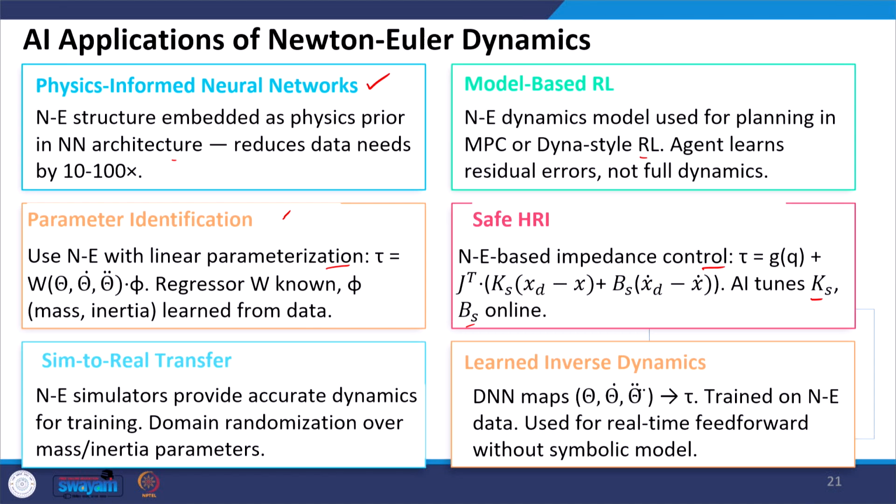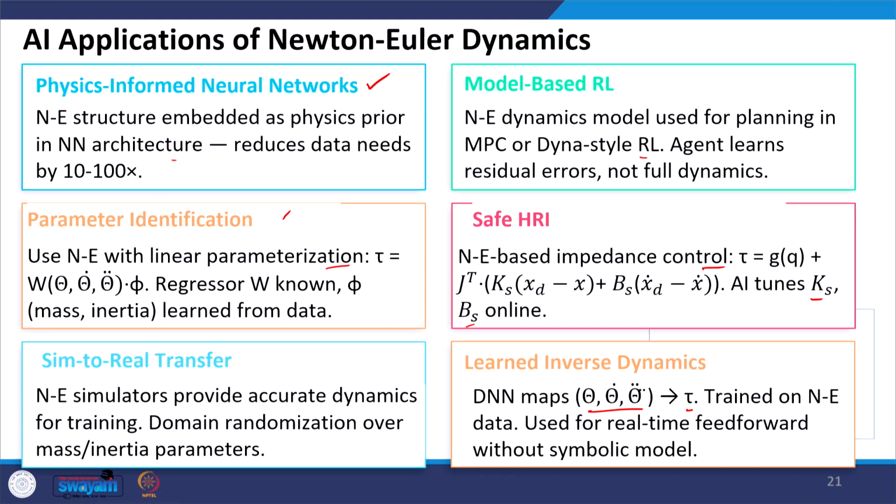We can also have learned inverse dynamics, where a deep neural network maps the joint position, velocity and acceleration vectors directly to the torque. This is trained on Newton-Euler data.